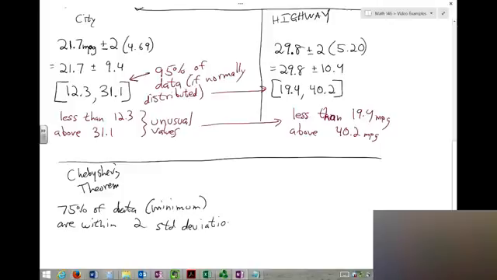It is a very conservative estimate. It's saying, within 2 standard deviations, there's no way you're going to have less than 75% of your data. I don't care how strange your distribution is. We've already calculated plus or minus 2 standard deviations. That doesn't change. It's going to be the same 12.3 to 31.1 that we saw already. And for the highway data, again, it's going to be the same 19.4 to 40.2.